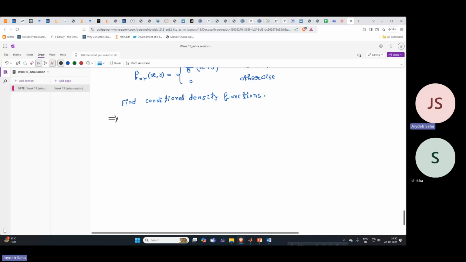First we will calculate the marginal density. F of x is equal to integral from minus infinity to plus infinity of f of xy dy.